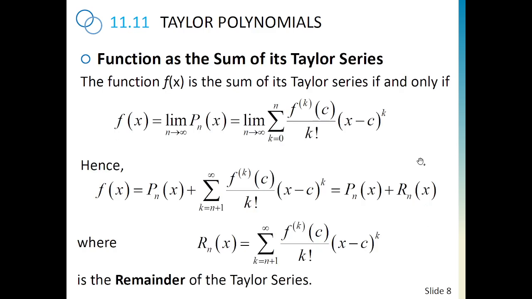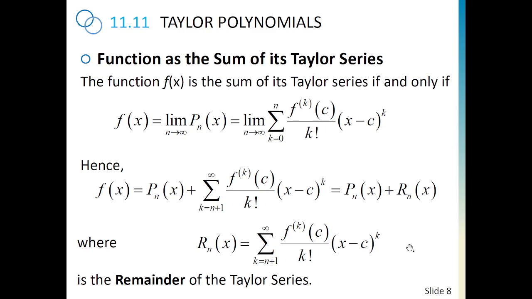Previously, we also saw that the function f is a sum of the Taylor series if and only if f is actually a limit of Taylor polynomials. And then we saw that actually if we just split it in two pieces, we have the polynomial of degree n and then the remainder of the series. So the remainder is this expression here.